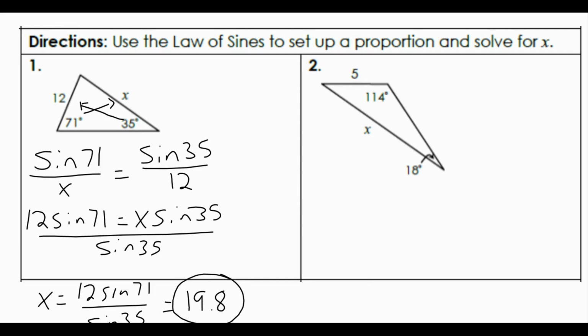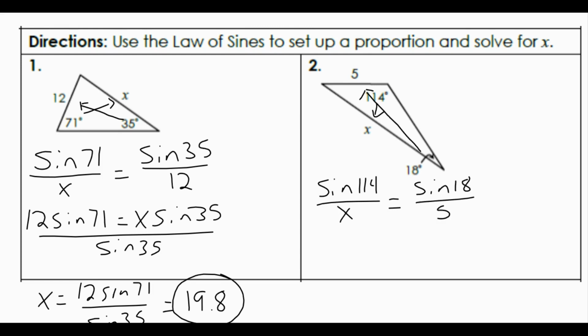Now looking at number 2, I have side lengths of 5 and x and angle measures of 114 and 18. X is the side that is opposite of 114 and 5 is the side that is opposite of 18. Setting up my proportion, I would have sine of 114 over x is equal to sine 18 over 5.